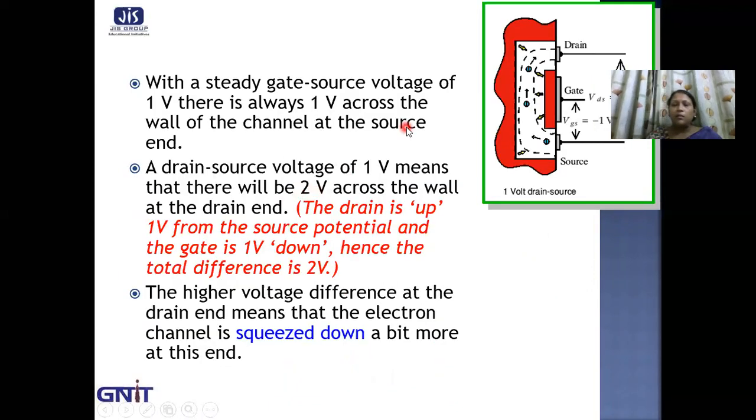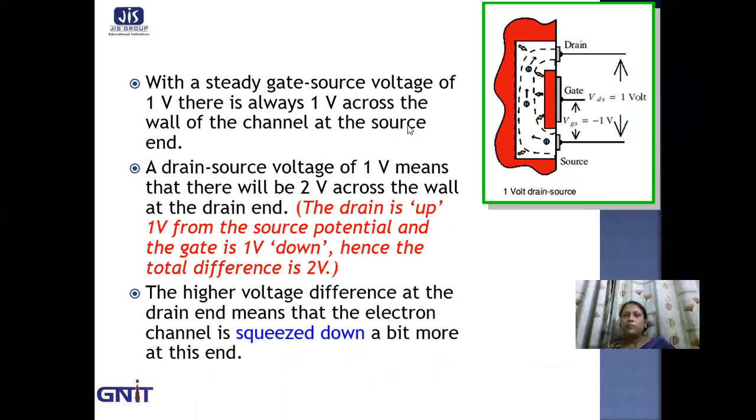Here we can follow a little bit of a real life example. With a steady gate to source voltage of 1 volt, this is 1 volt actually, that is negative, the gate is always negative to the source.